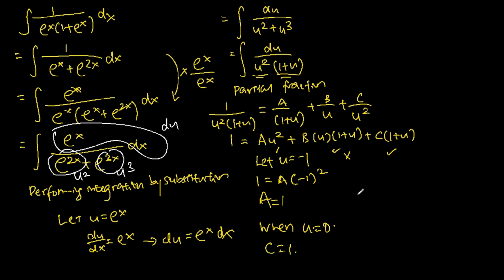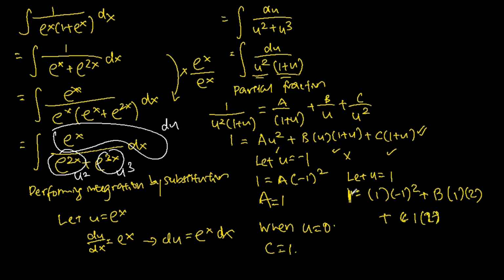And then with the help of constant A and constant C, we can find B. So we let u be equal to 1, and we use this statement. 1 is equal to A, which is 1, times 1 squared, plus B, which is unknown, times 1 times 1 plus 1, which is 2, plus C, which is 1, times 1 plus 1, which is 2.